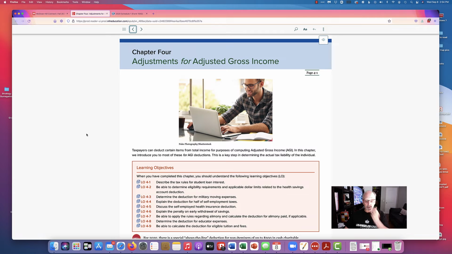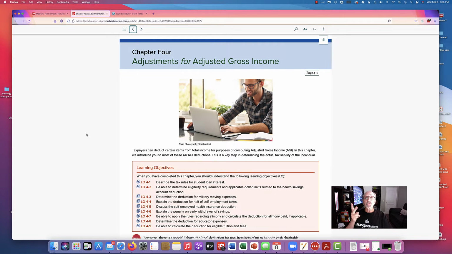Learning objective number 5, many employees receive subsidized health insurance coverage as an employment benefit. To encourage self-employed individuals to purchase health insurance, and that's been a big thing, getting people to take on insurance, Congress enacted the self-employed health insurance deduction.